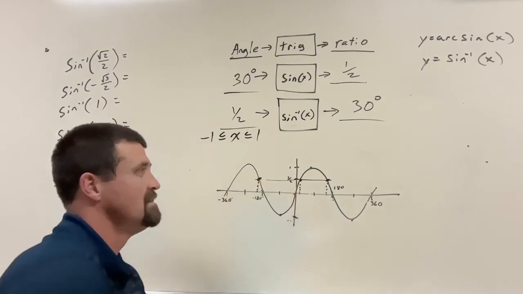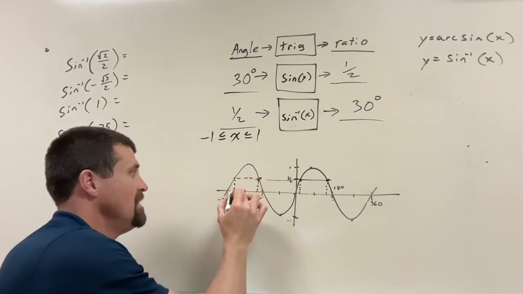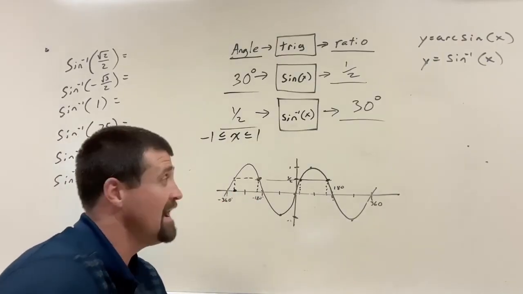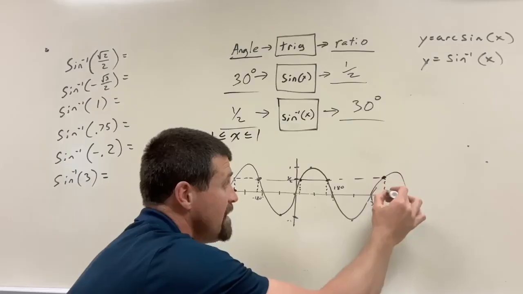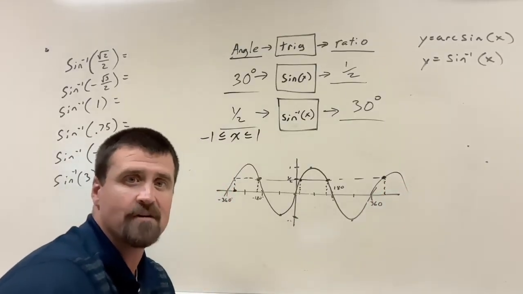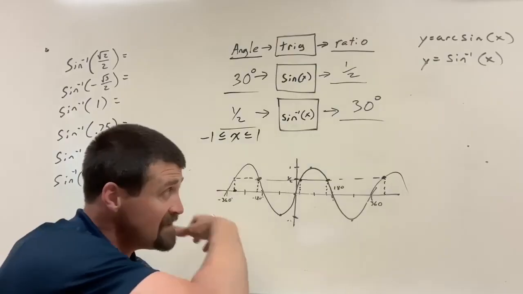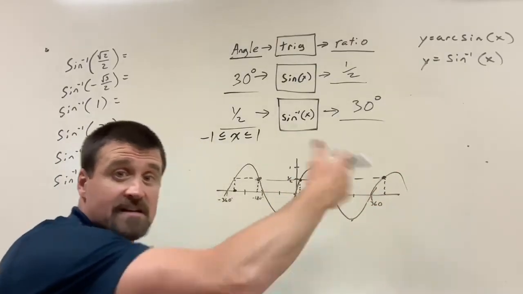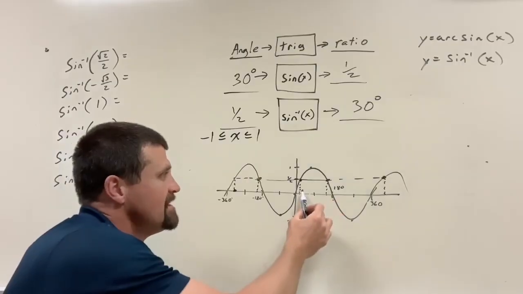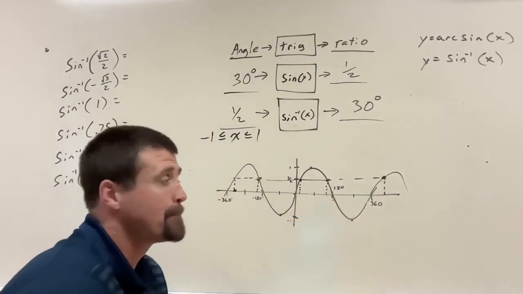This angle has a y value of 1/2. This angle has a y value of 1/2. If this function continued, there'd be another one over here with a y value of 1/2. Because sine is not at all 1-to-1, and it's periodic, so it continues to repeat, there's an infinite number of angles whose sine is 1/2.